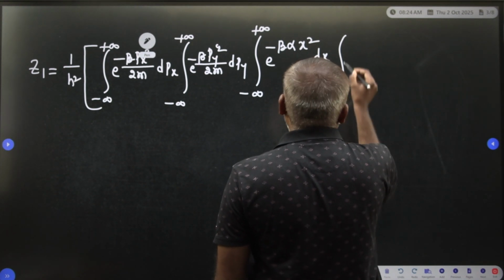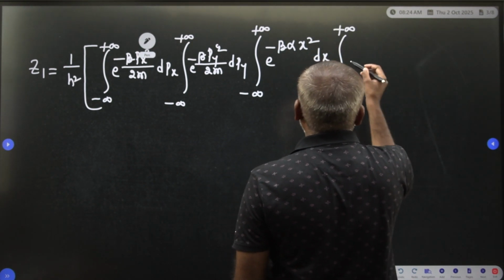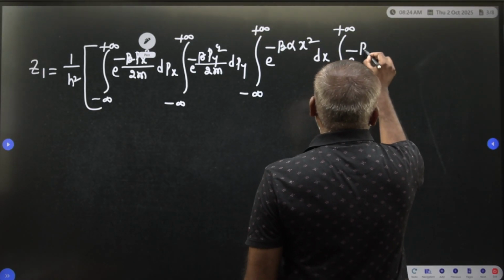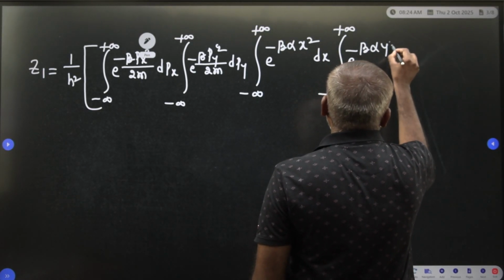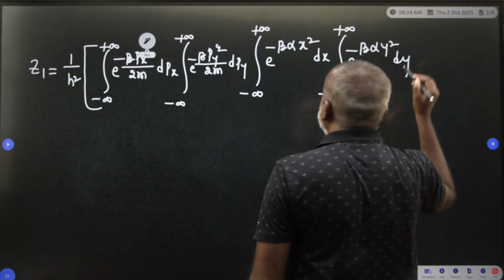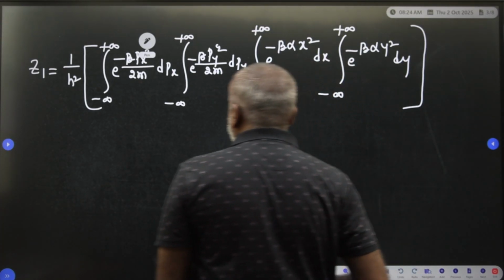One more integral, from minus infinity to plus infinity, of e to the power of minus beta alpha y square, d y. This is what you have to do.